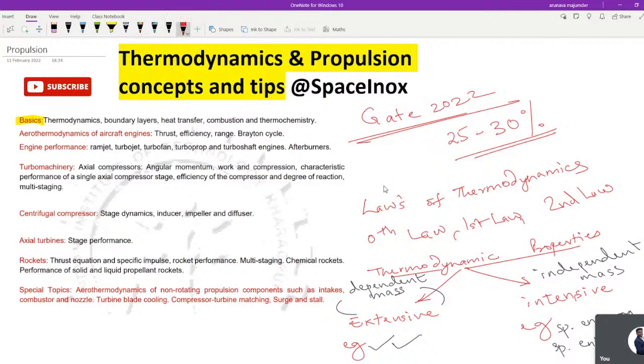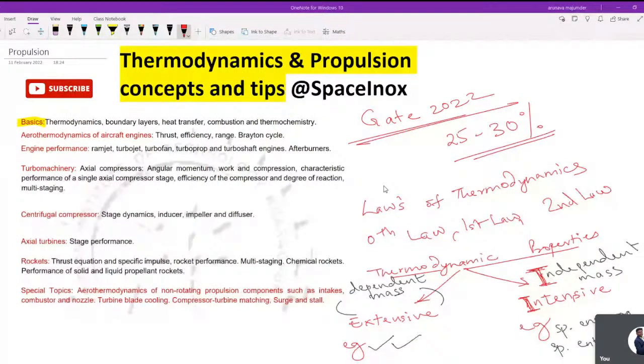So if you remember a clue: intensive starts with I, and the other I is independent of mass. So there is some similarity within it. If you remember this small trick, I hope it will be easy for you to avoid the mistake of how intensive and extensive properties are connected with one another.